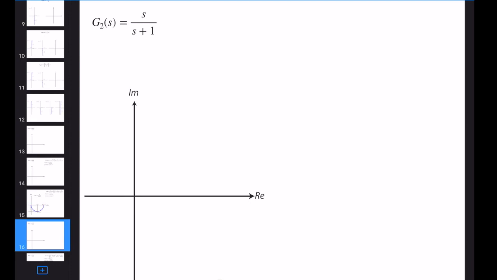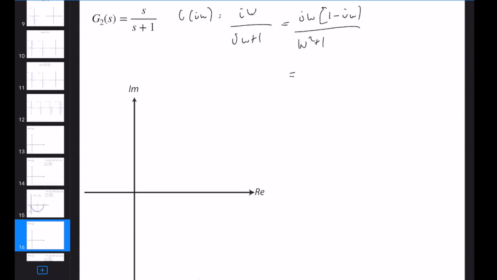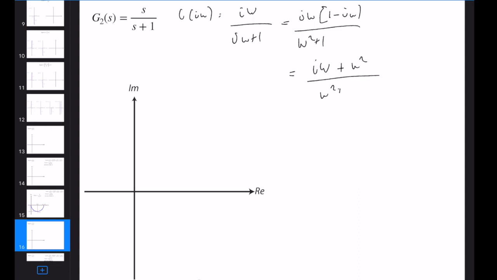So what we will do is compute j omega over j omega plus 1, which is j omega times (1 minus j omega) over omega squared plus 1. If we look at this in detail, because j squared is minus 1, it is j omega plus omega squared, divided by omega squared plus 1.